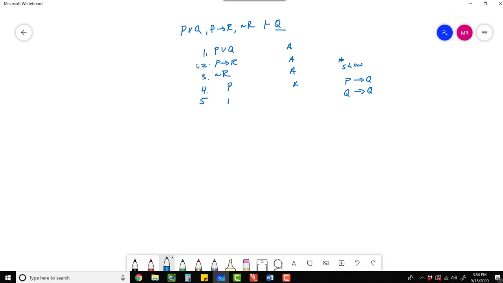Well, 2, 4 gives me R. So 2, 4, conjunction elimination. That gives me my contradiction. So I'll just write R and not R by 3, 5, conjunction introduction.